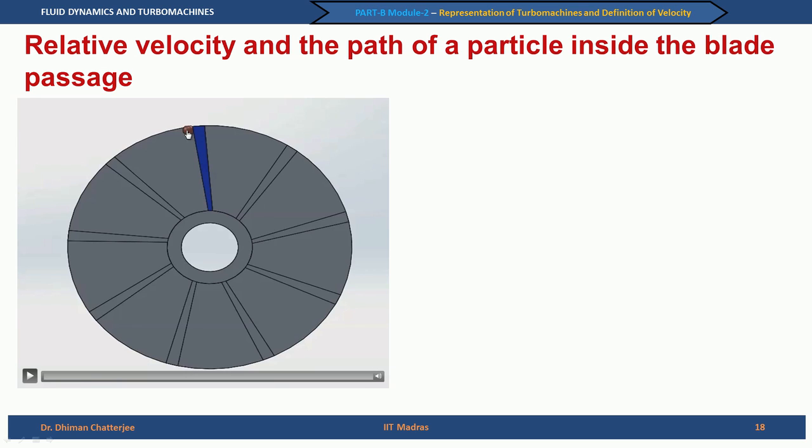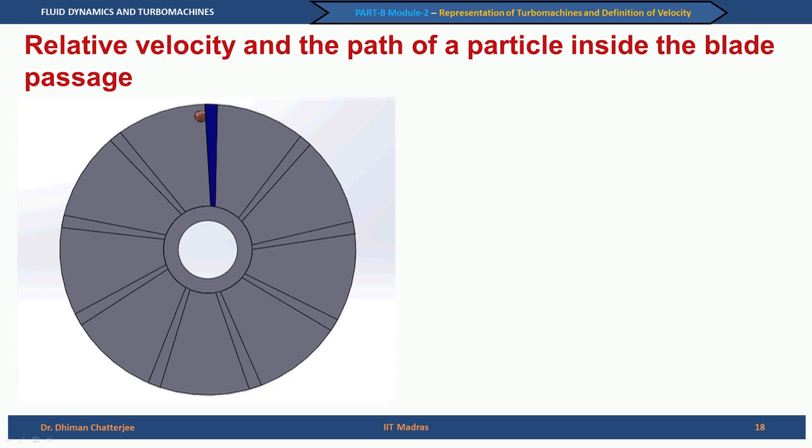The ball is located at this outer diameter and the blade is going to rotate. But do not forget that you are sitting on this blade. Then you will see the relative position of the fluid particle with respect to the blade with time.